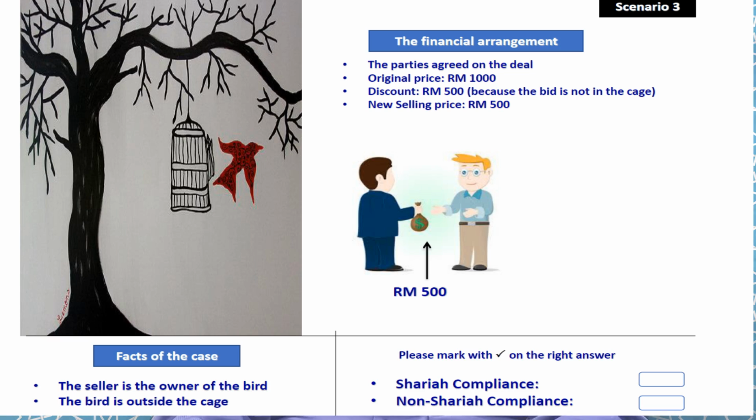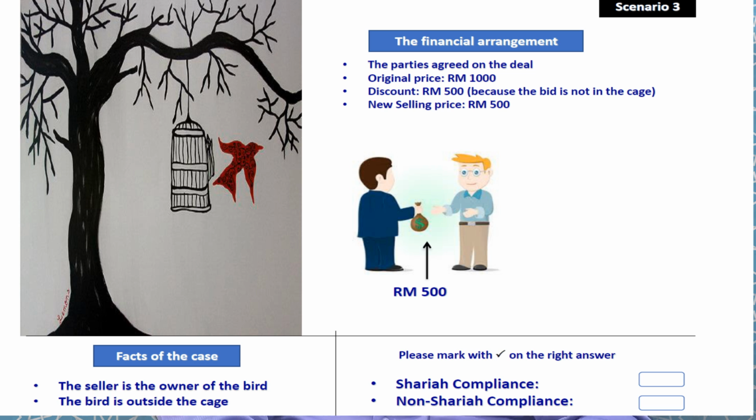Now let's give the third case, whereby the facts are the same, with an additional adjustment. The seller is the owner of the bird, the same. But here the bird is outside of the cage, and the price has been discounted.